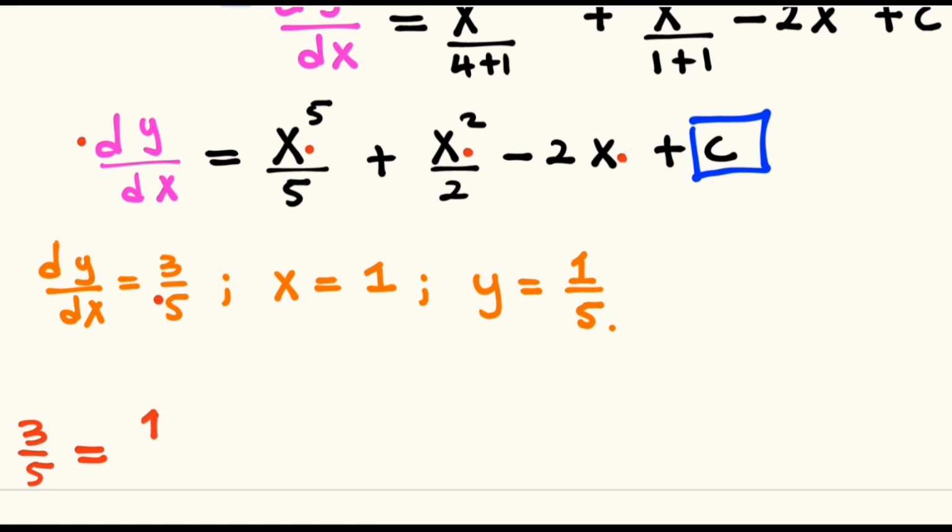So 1 raised to the power 5 will be equal to 1 divided by 5 plus 1 squared, which is just 1, and we divide this also by the 2, minus 2 multiplied by 1, which is just 2, plus our constant c.